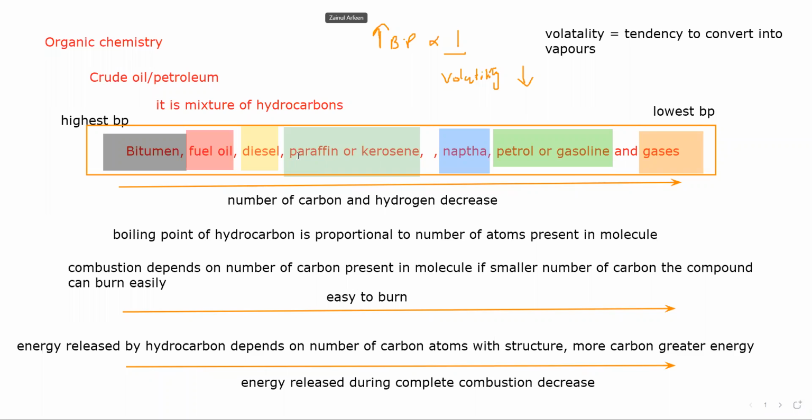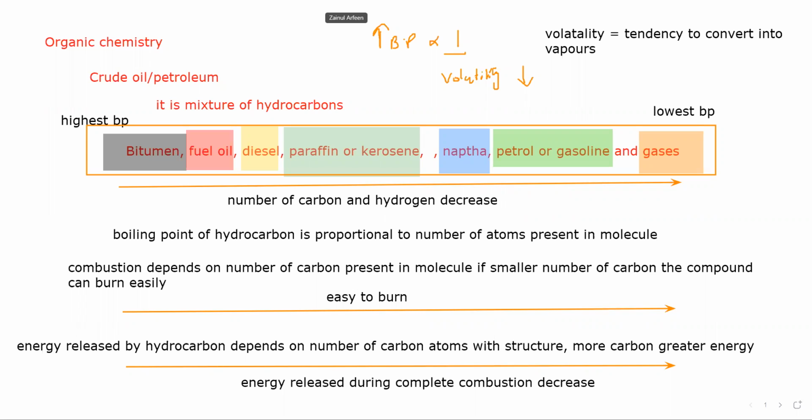But you will commonly find when the buses are on the highway, the exhaust fumes, the exhaust gases which are coming out from the bus are mainly black in color, having a black smoke. The reason for that is, as I told you, as the number of carbons increases, it becomes difficult to burn the hydrocarbon. So there is a chance that incomplete combustion may occur, and if it is incomplete combustion, it will produce a black smoke.